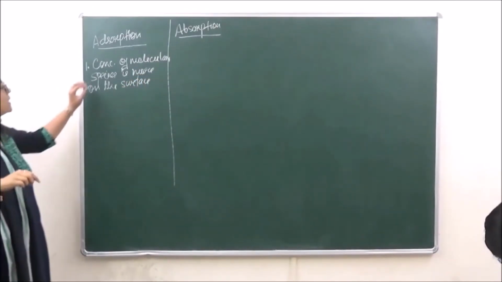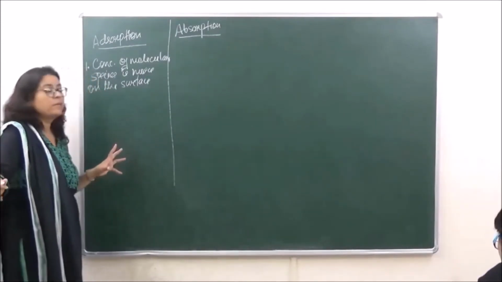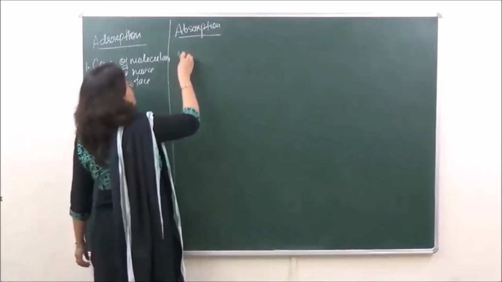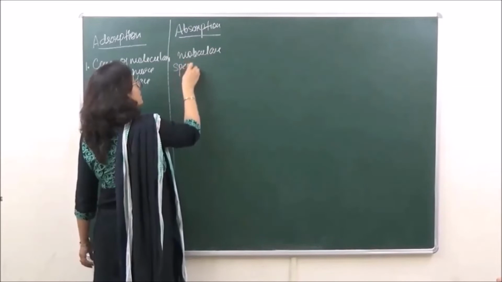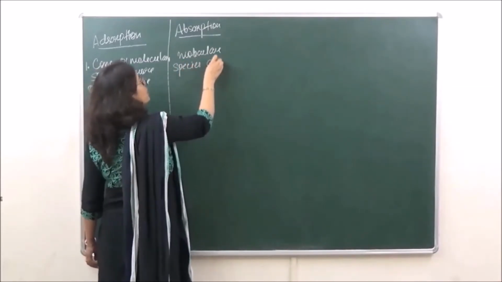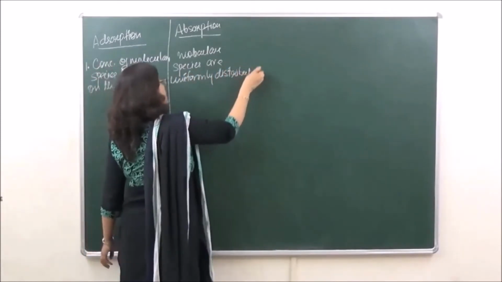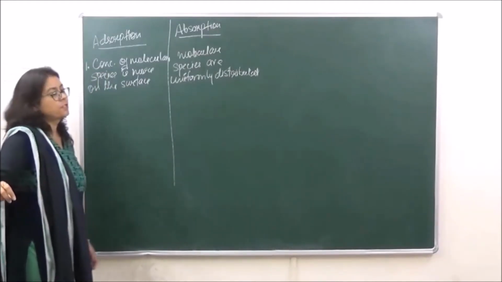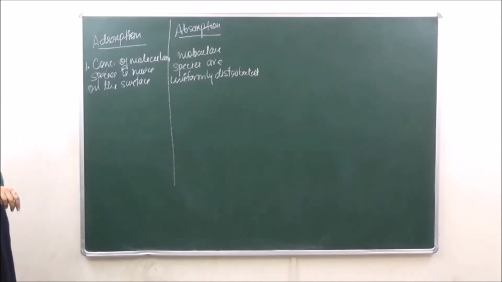Which means that the molecular species do not penetrate inside the bulk, they only remain on the surface. Whereas in absorption, the molecular species are uniformly distributed in the entire surface and bulk both. It is uniformly distributed in the solid or in the liquid. That is what absorption is.